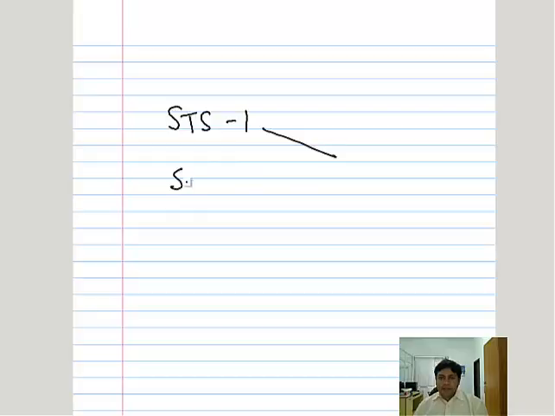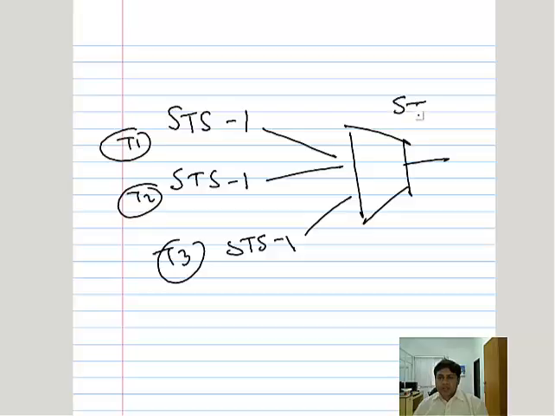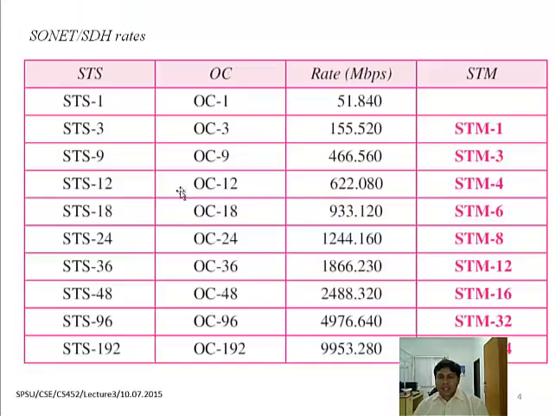For example, this is terminal 1, this is terminal 2, this is terminal 3. When these three are multiplexed together, this creates a signal which is called STS3. So this is a 3:1 multiplexer. Then you can look back and check that this is thrice the signal.